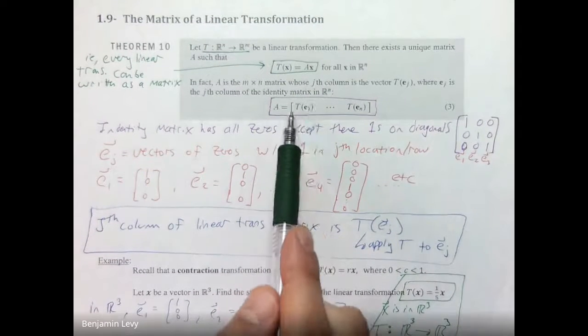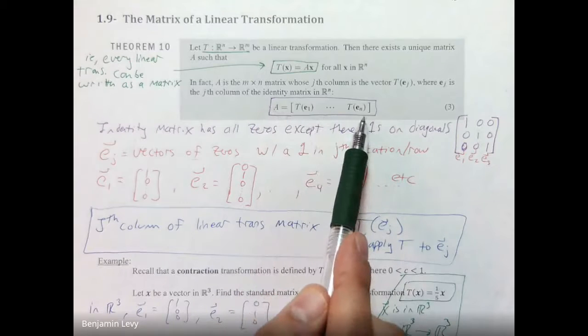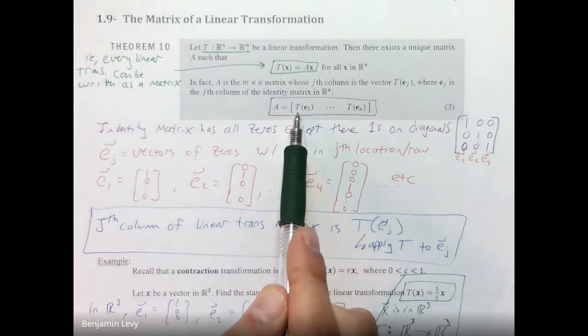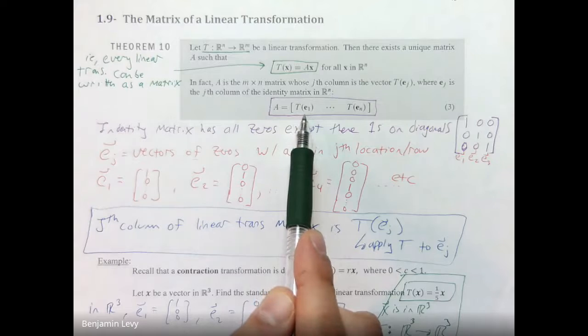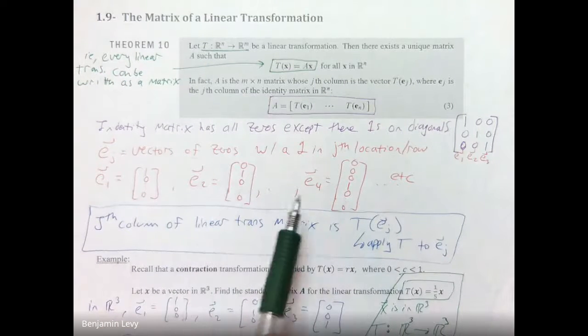You can see right here, it says the matrix that you want, the columns are obtained by applying the transformation to the columns of the identity matrix. So the E sub i's, right? That's what it says right here. The E sub i's are the columns of the identity matrix. And so when we were finding the transformations on the following pages, that's what we were doing.